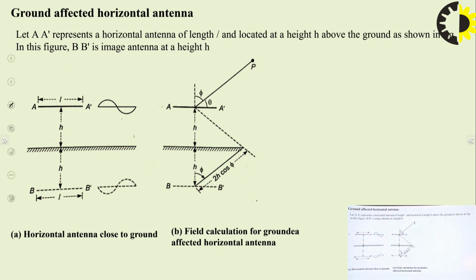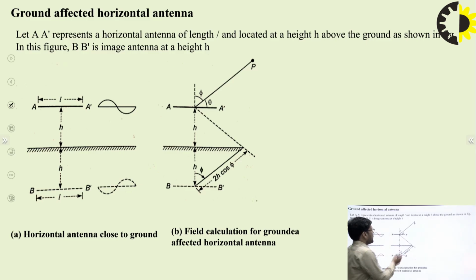The direct ray path from AA dash is in this direction, and from BB dash in this direction. First you need to find the travel path difference from AA dash and BB dash up to the point P.